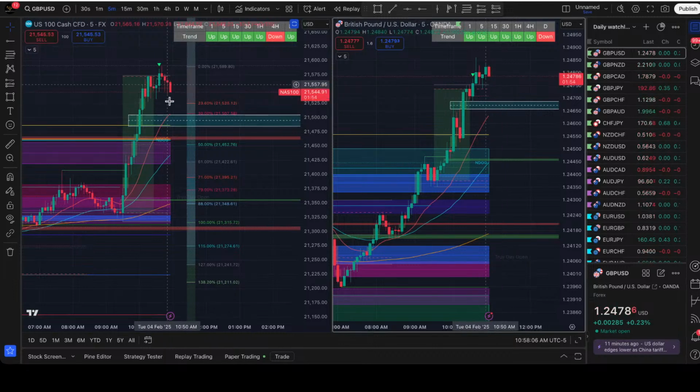I'd like to see a displacement candle come all the way down here, tap this, need some movement.